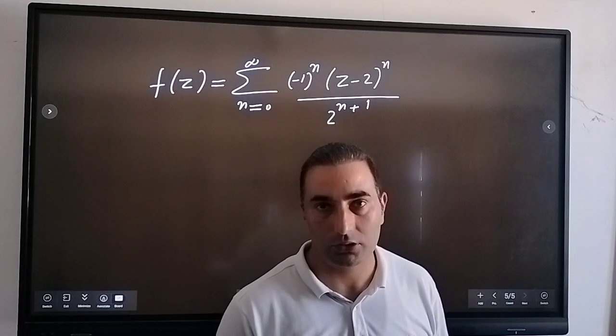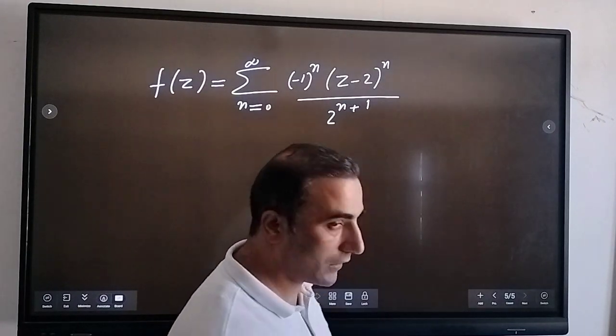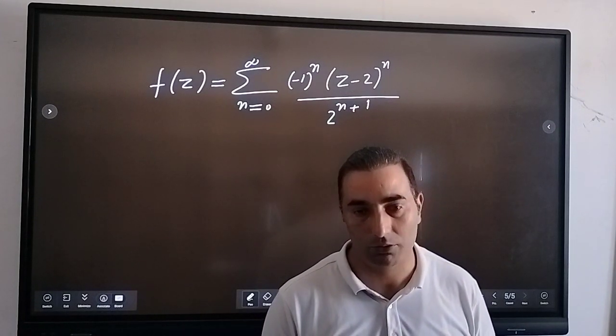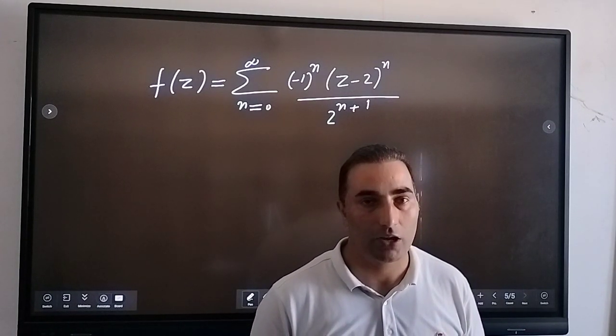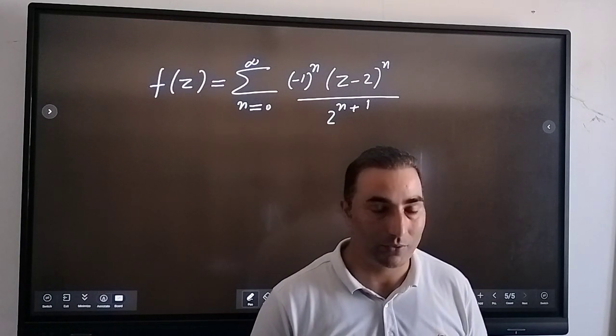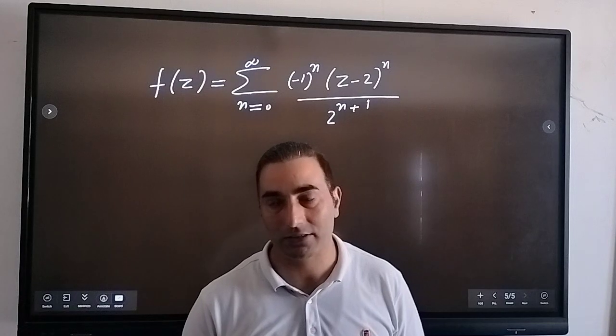theorem. Now, let me take one more example, one of the most common examples you might be familiar with: the expansion of sine or cosine functions. With the help of the Cauchy integral theorem, let's do that.